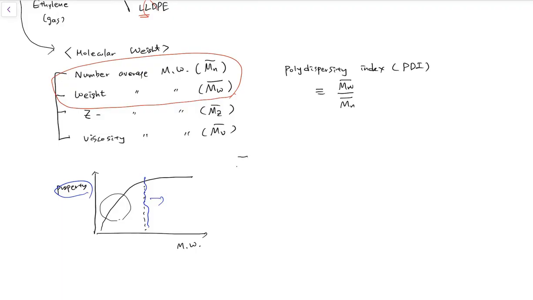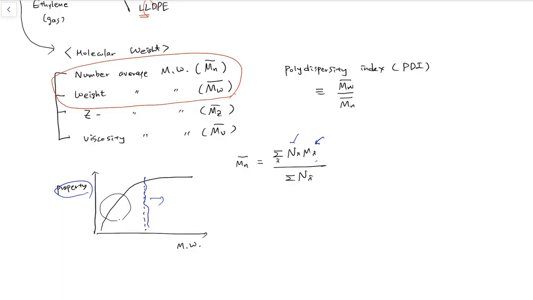The first one, number average molecular weight, is defined as just a simple average: sum of Ni Mi over sum of Ni. Here, Mi is the molecular weight of polymers of different lengths, because all polymers have various molecular weights, and Ni is the number of chains with that specific length.